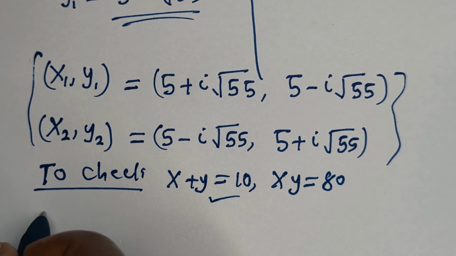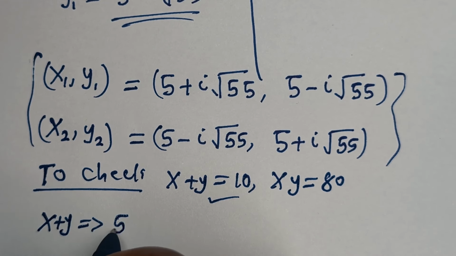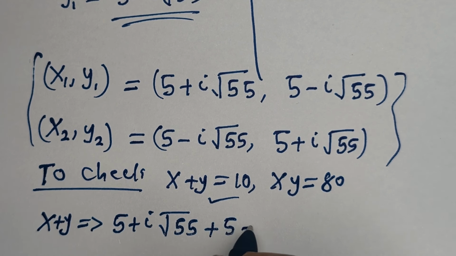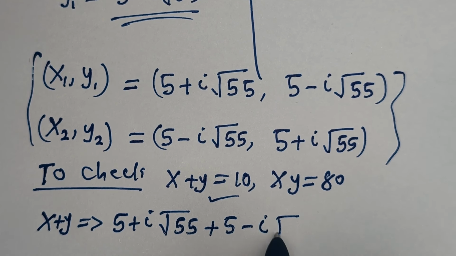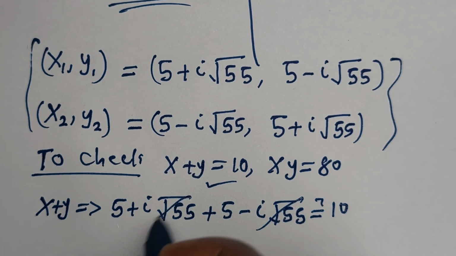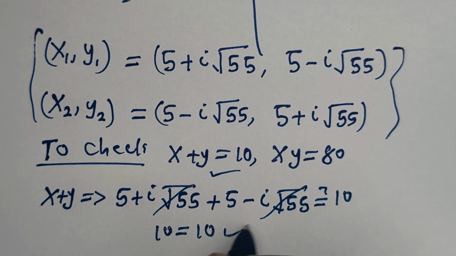We have x plus y. This is 5 plus i root 55 plus 5 minus i root 55 must be equal to 10. This cancels this. 5 plus 5, this is 10, is equal to 10, which is true.